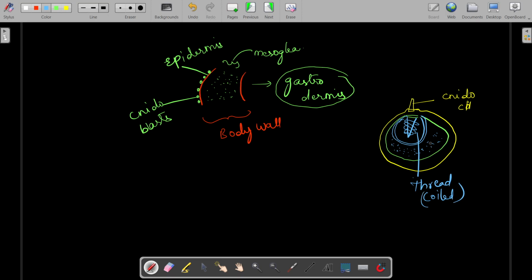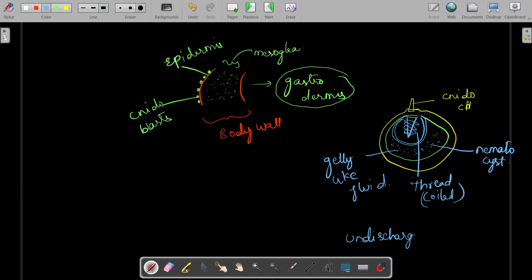This is the nematocyst, not the cnidoblast. The nematocyst has a needle-like structure coiled by a thread, and it is filled with jelly-like fluid. This is the undischarged cnidoblast.